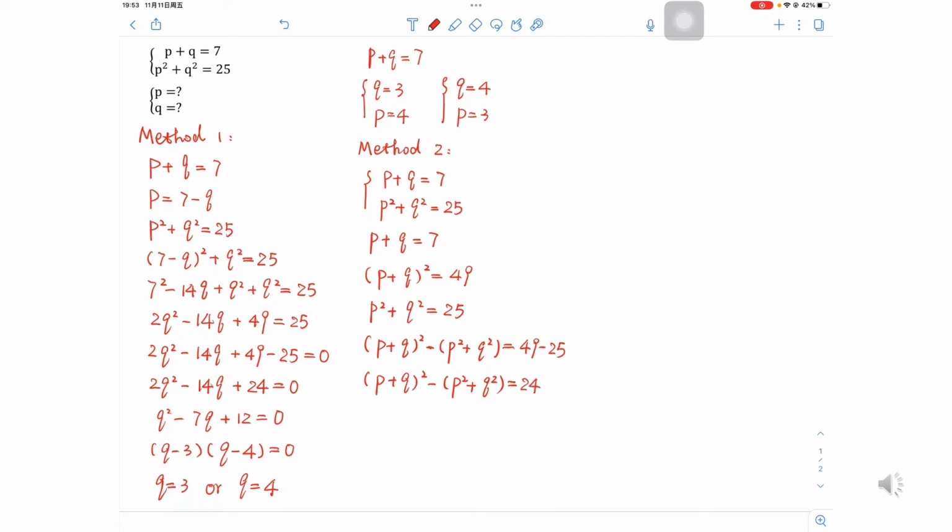P squared plus Q squared plus 2 times P times Q minus the sum of P squared and Q squared equals 24.